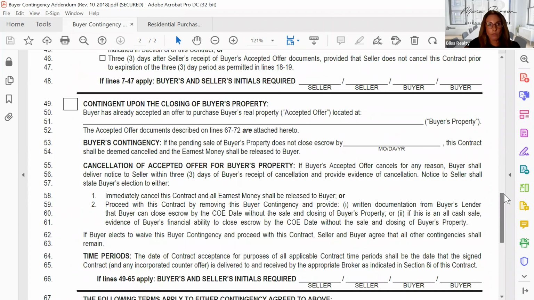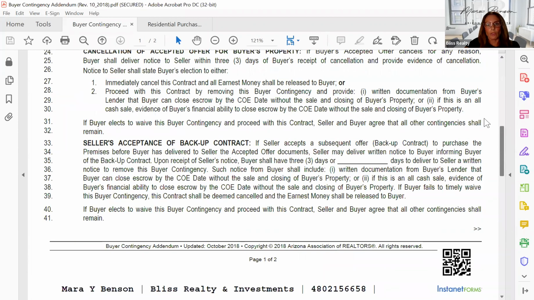My clients did get an offer, so we go into this section right here. So I don't even have to worry about this part up here. I will go back even to the first part. I don't mean to confuse you guys.